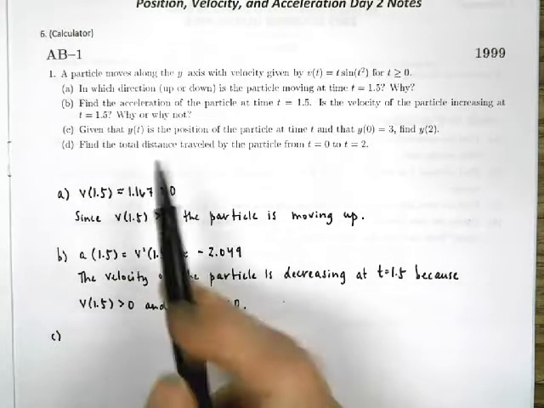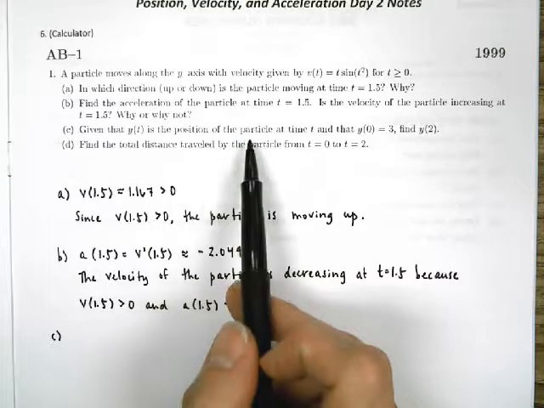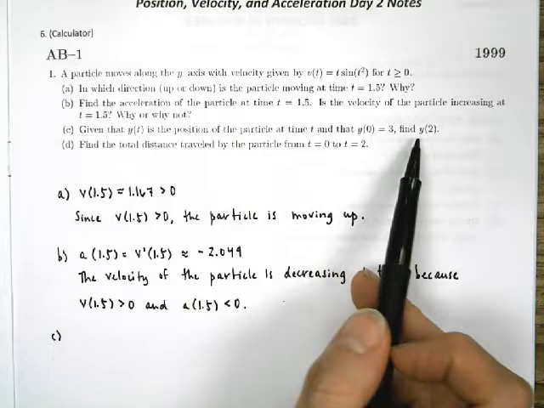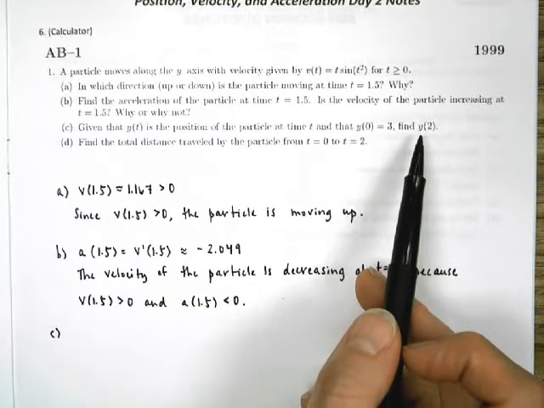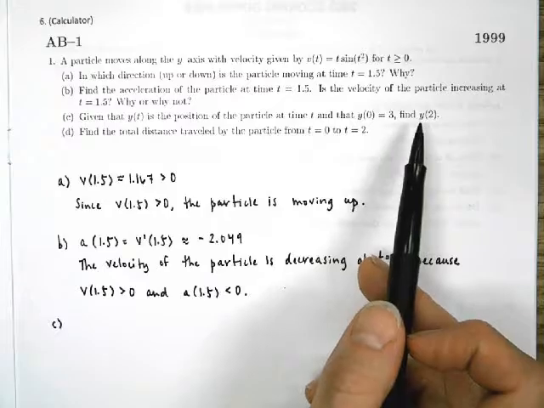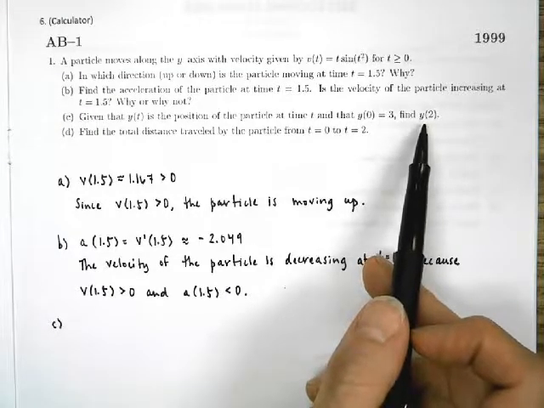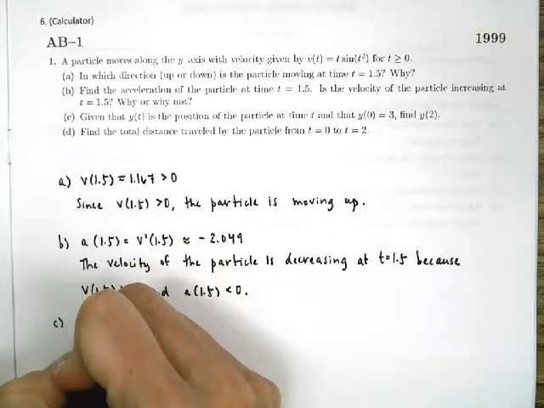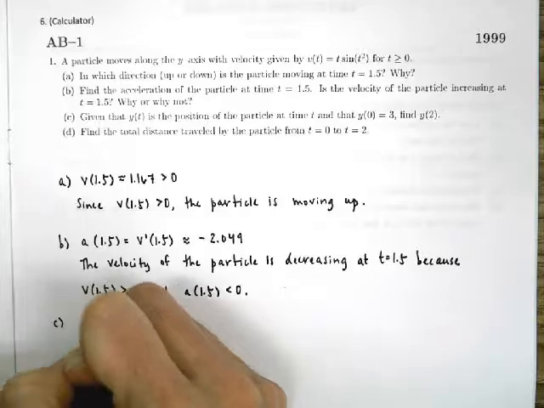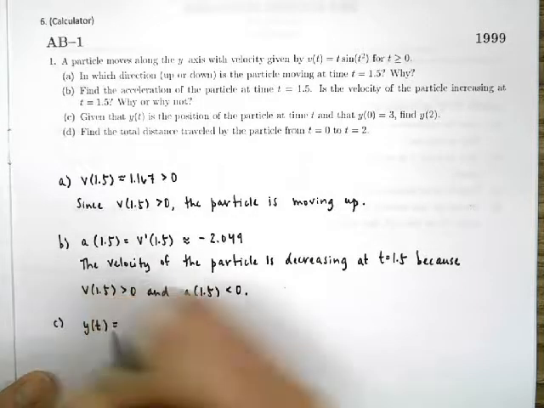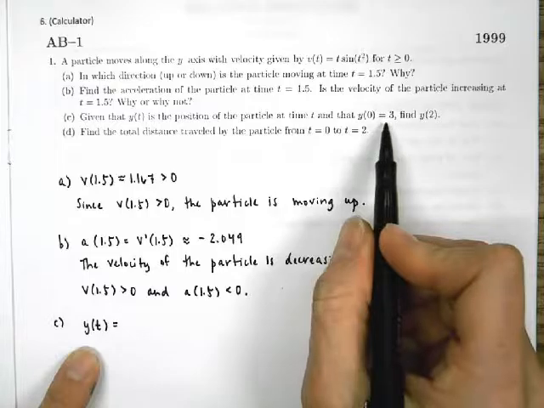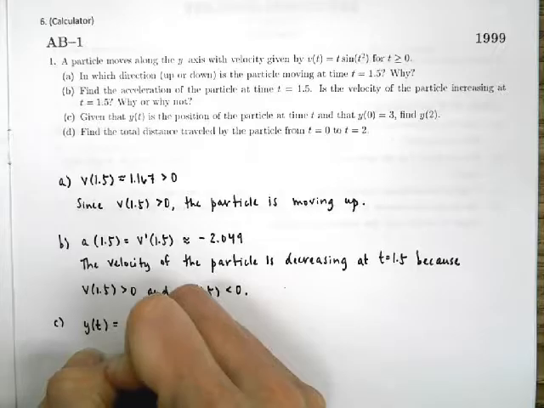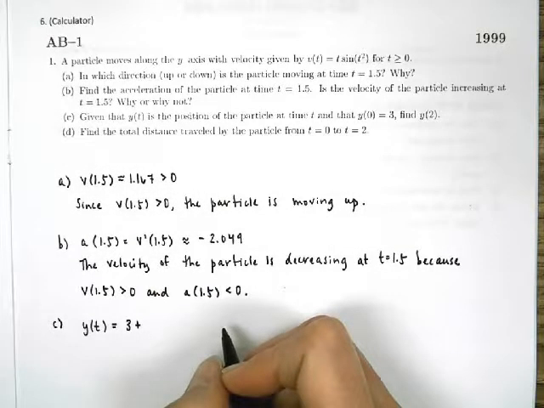Okay, for part C, it says given that y of t is the position of the particle at time t, and that y of 0 equals 3, find y of 2. So what they're asking us to find is the position at time 2, right? So that's our new position. So I'm going to write a general function here. Our position at any time t is going to be our initial position, which is 3, plus the displacement.